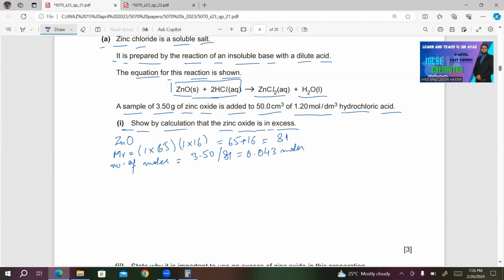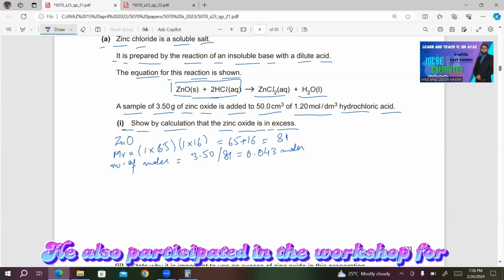Now, for hydrochloric acid, the volume and concentration are provided, so no need to calculate the MR of hydrochloric acid. We can calculate the moles of hydrochloric acid using this data.